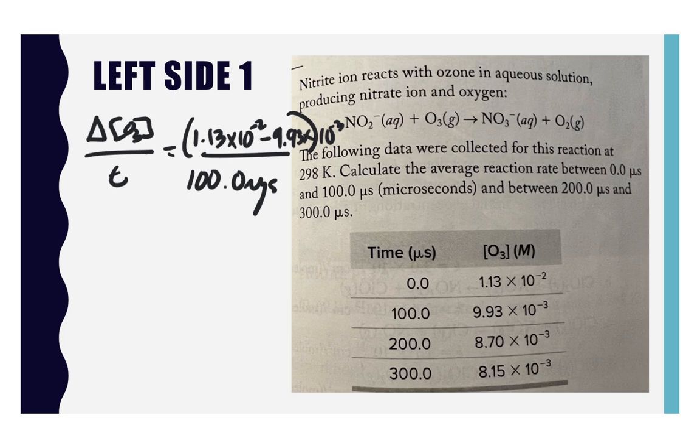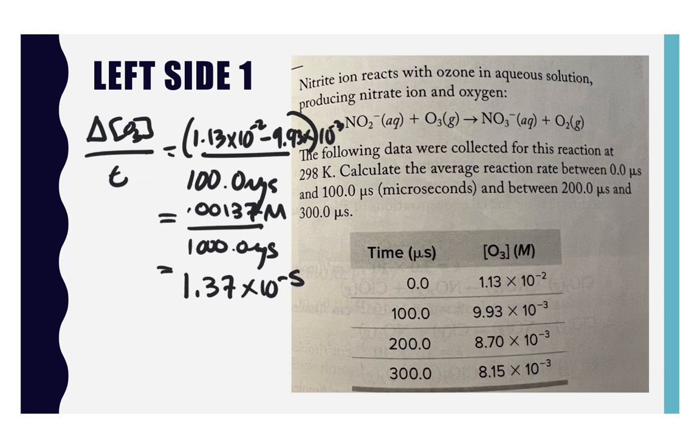That would give me 0.00137 divided by 100.0 microseconds, okay? And that would be molar per microsecond. So then I divide that by 100, and I would get 1.37 times 10 to the negative fifth molarity per microsecond is the rate of that reaction.